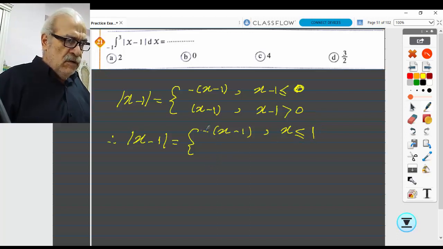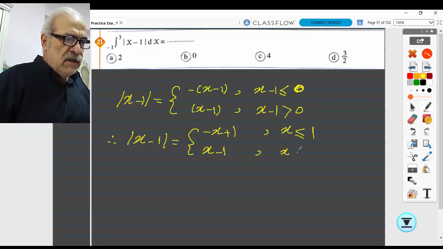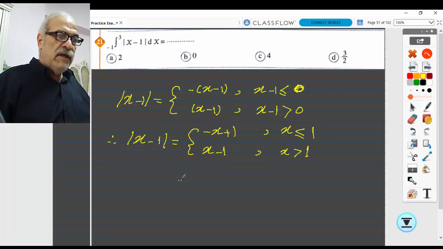Okay, and I can write this part in this form: negative x plus 1, and the second part is x minus 1 when x is greater than 1.